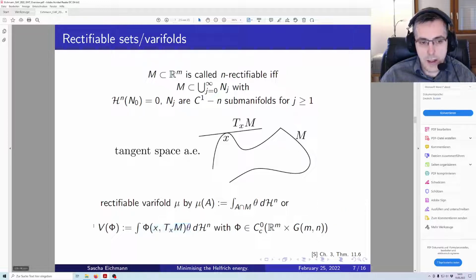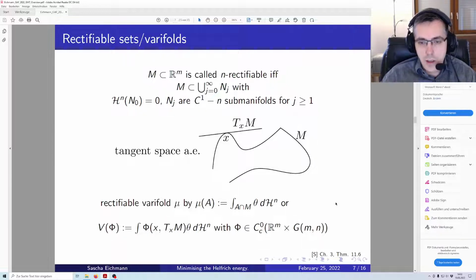And then we can define a Radon measure on this R^m times the Grassmannian by integrating over this test function phi. And what do we plug in? The first variable, of course, this x over which we integrate. And then in the second variable, we plug in the corresponding tangential space of M. And then we integrate this over M itself.